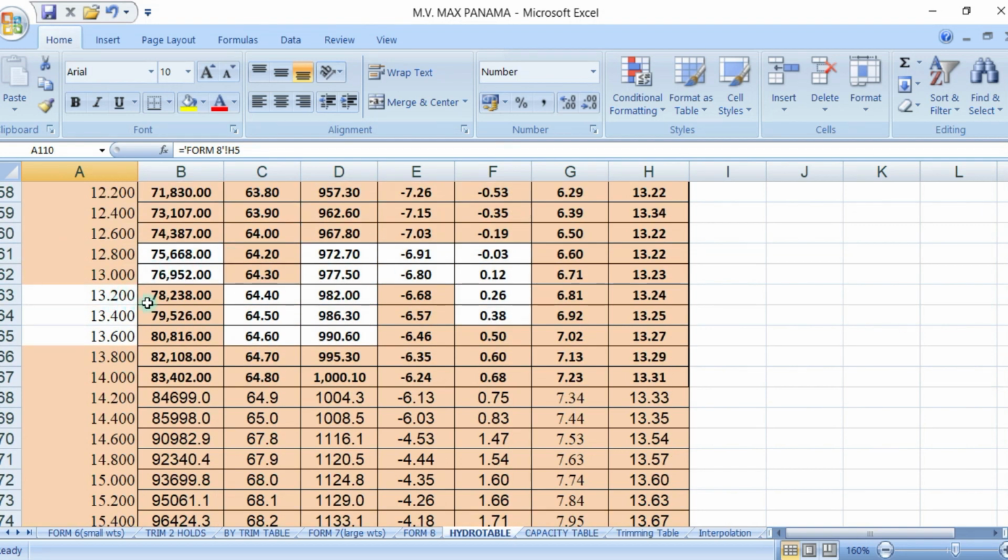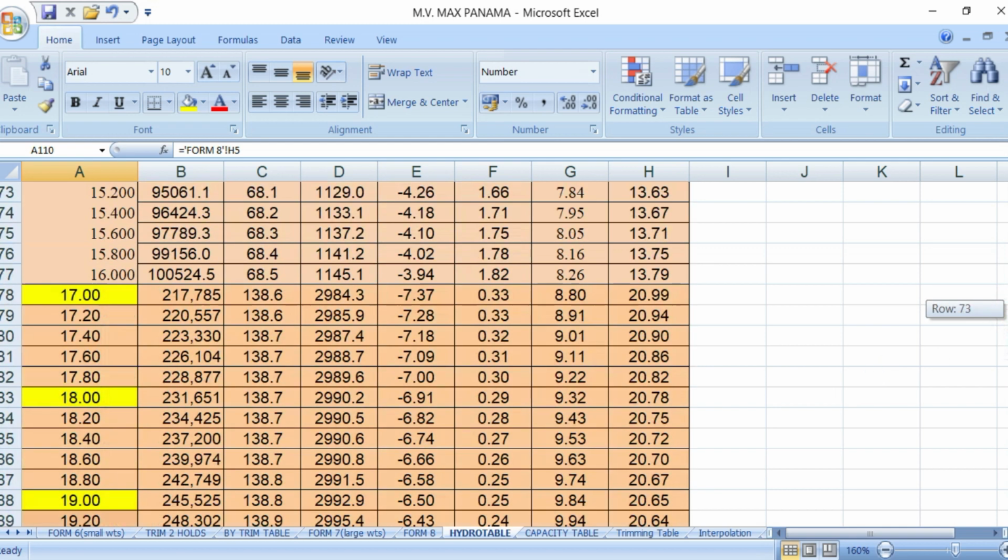So you interpolate. See, 13 meters is 76952.